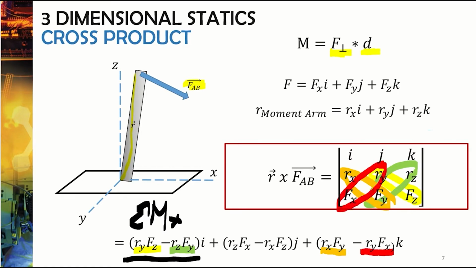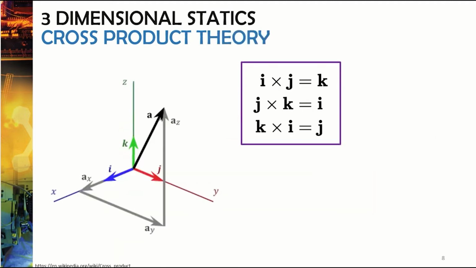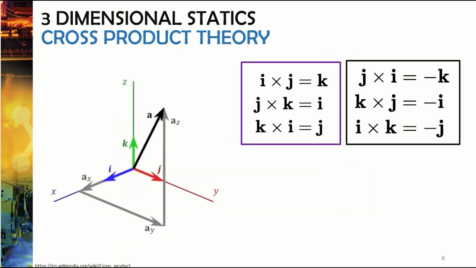So you can see what's happening in the cross product, and the reason it's called the cross product is because we are making these crosses, or x's, when we're doing our multiplication in our table. So it's important to recognize that the cross product, if done in the wrong order, will give you the wrong sign. And this is important because in statics we might get messed up when we start to do the sum of the forces.